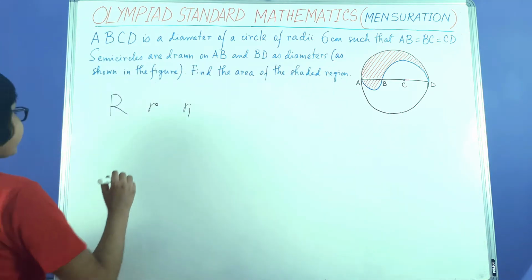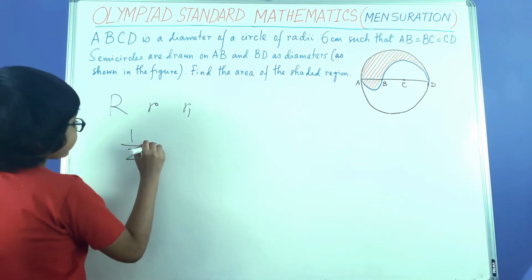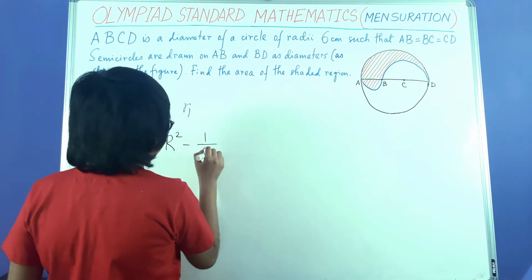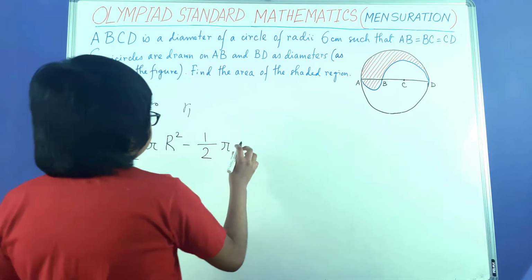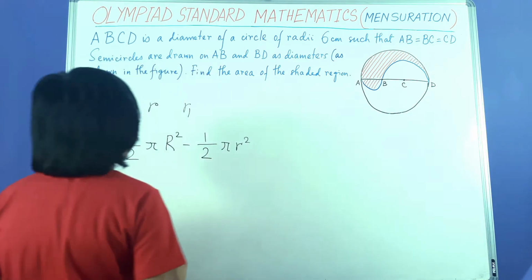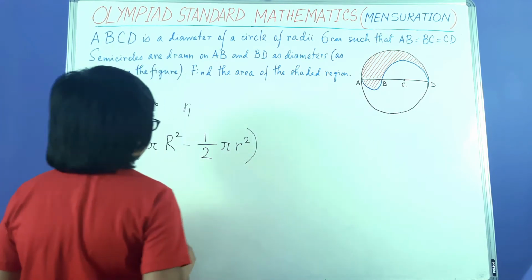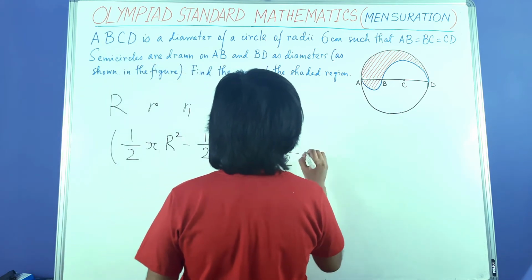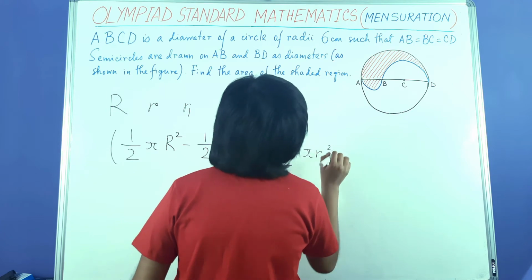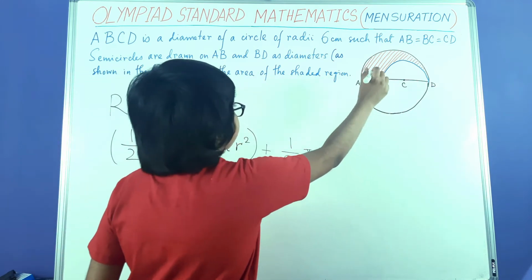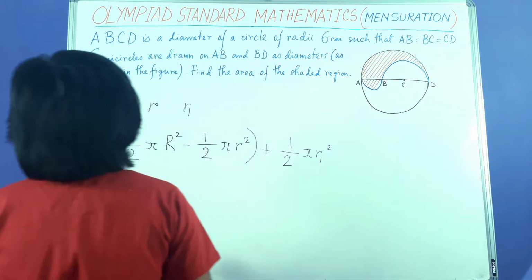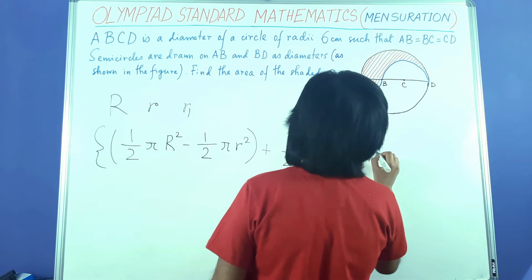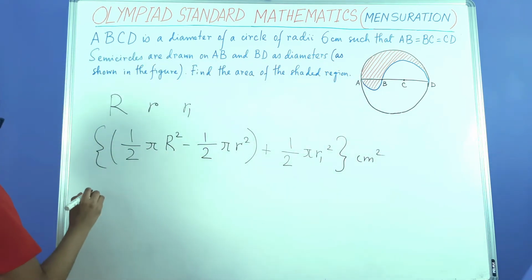So we have half pi capital R squared, minus half pi small r squared, which we will work with separately, hence the bracket, plus half pi R1 squared, the area of the smallest semicircle, totally in centimeters squared.